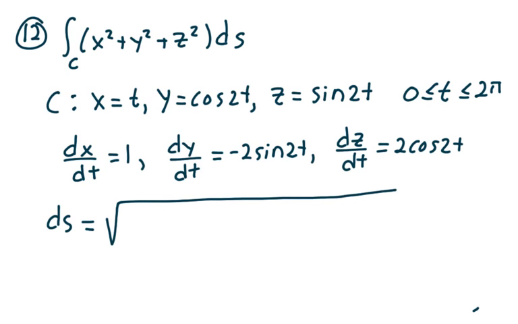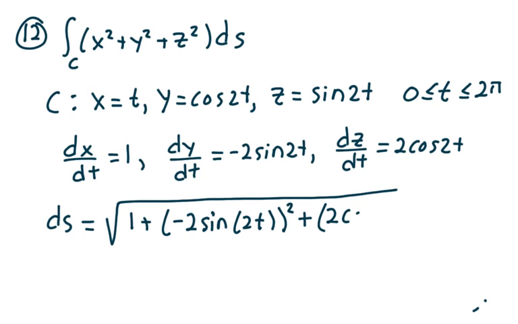That's the square root of 1 plus negative 2 sine of 2t to the second plus 2 cosine 2t to the second, this whole thing dt. So remember, I'm taking the square root of dx dt squared plus dy dt squared plus dz dt squared dt. So ds, you're finding that piece of arc length.